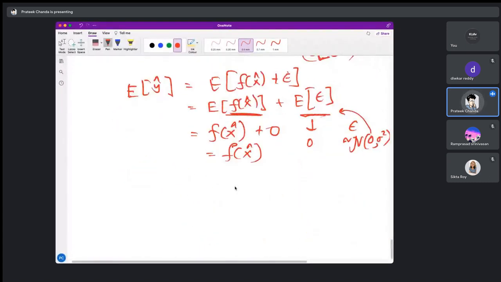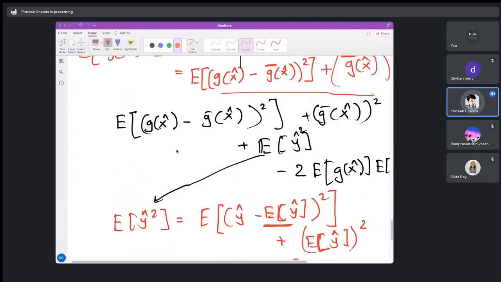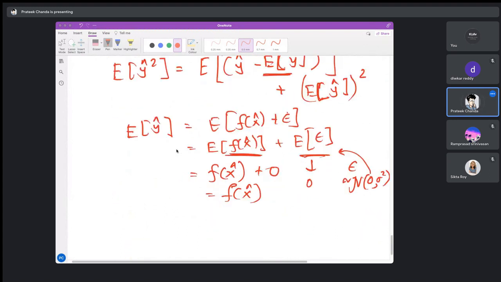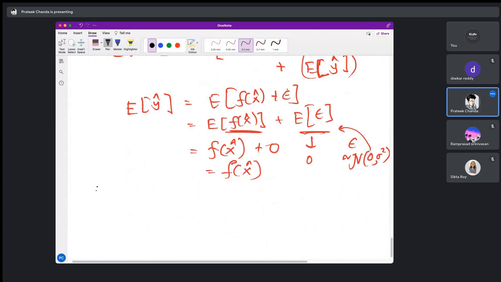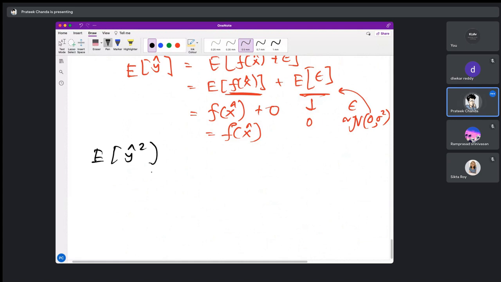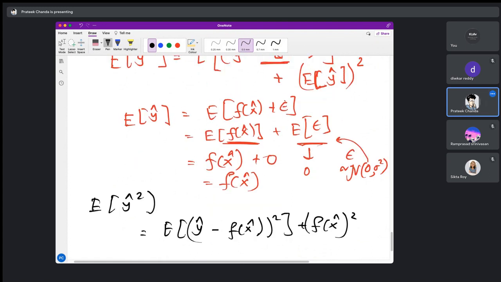So just a couple of steps are left, and then we can close today's lecture. We now have E of y hat as this thing. So I can write E of y hat whole square as E of y hat minus f of x hat whole square plus f of x hat whole square, because I'm just replacing the E of y hat by f of x hat.